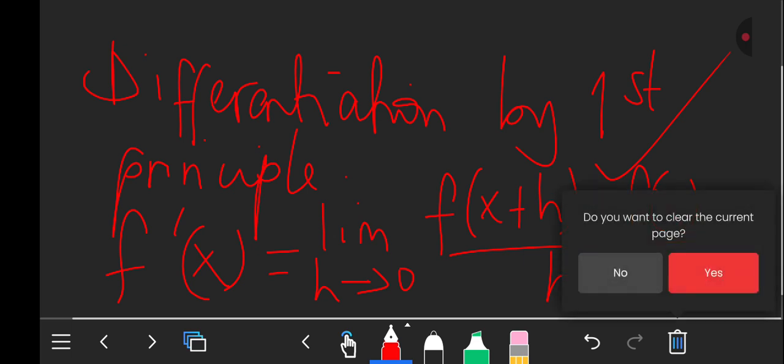Okay, so let's have a question. Let's say f of x is equal to 2x plus 1. Differentiate using first principle. How can you differentiate this?